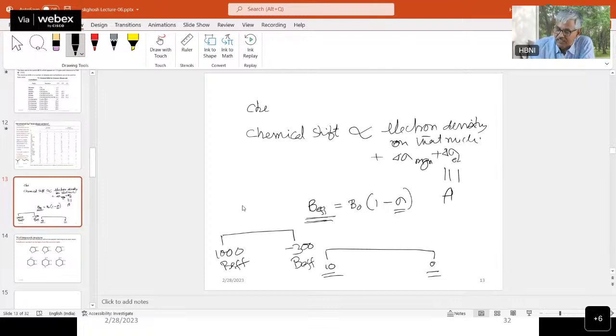So the shielding constant very much depends on which nuclei you are studying. You must remember the proton has only a 1s electron, but other nuclei have electrons in their p orbital, sometimes in the d orbital. All those things make a lot of difference in the B effective. That's why the chemical shifts are quite large.